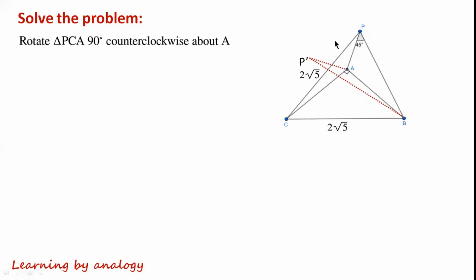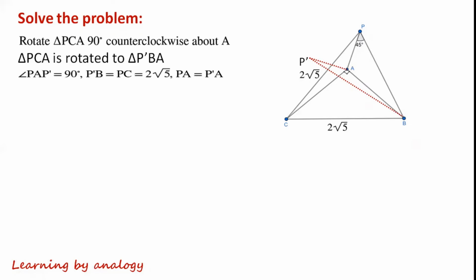Rotate triangle PCA 90 degrees counterclockwise about A. Triangle PCA is rotated to triangle P'BA. Angle PAP' equals 90 degrees.